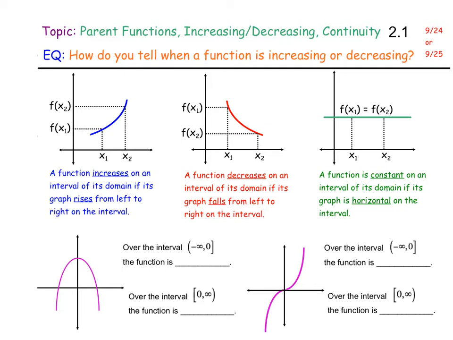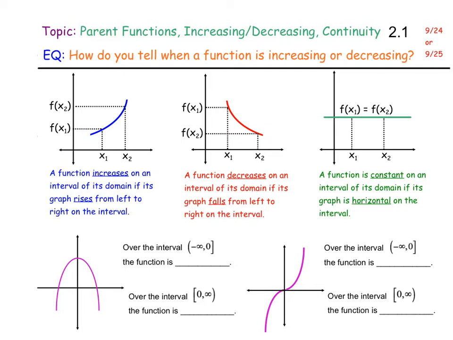So if you've struggled at all with domain and range, then this could be an area where you continue to struggle, or it could be an area where you start to gain some ground on that topic and try to finally start to figure out what's going on with those things. So hopefully take it on that positive note that this could be a chance for you to start figuring out what's going on with domain and range and stuff like that.